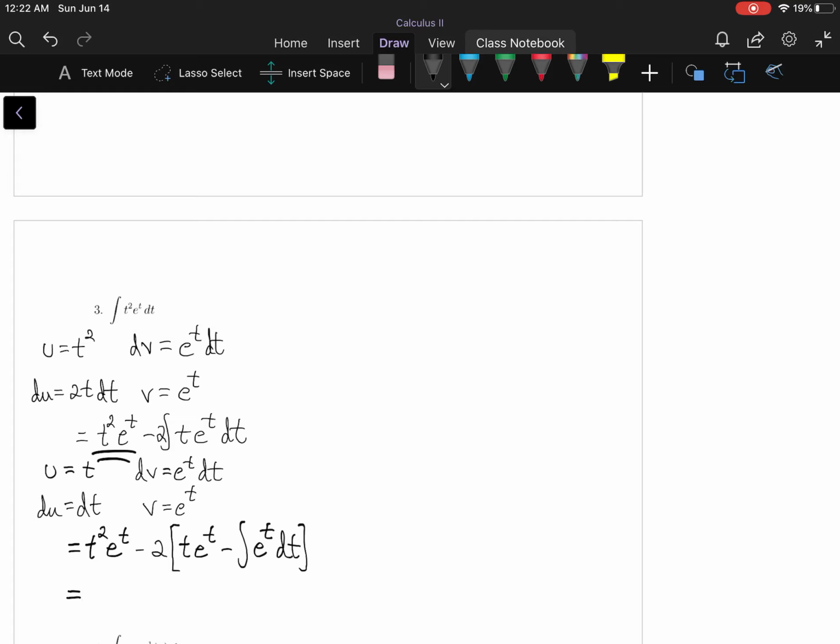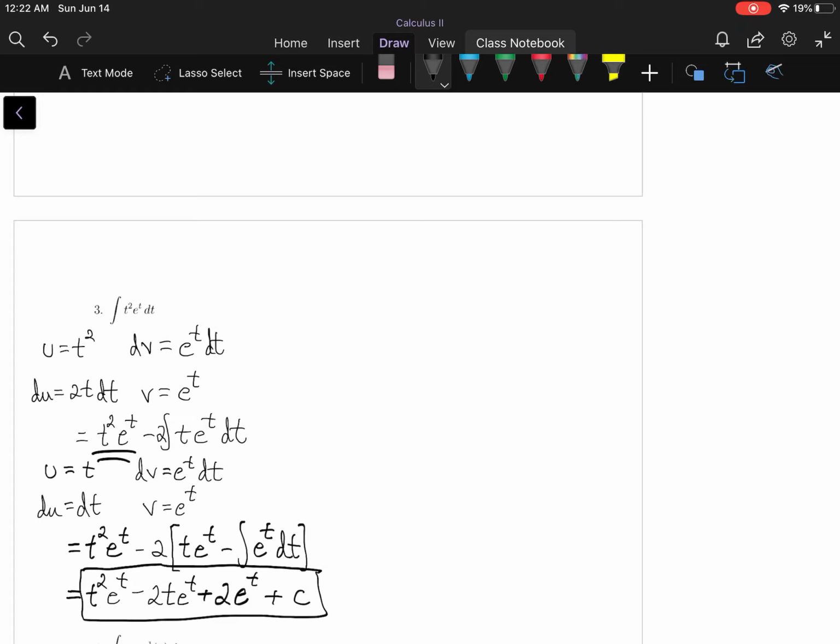And that means we have t squared e to the t minus 2t e to the t. The minus 2 distributed with the negative is going to give us plus 2, and the integral of e to the t is e to the t plus some constant c. And there's our answer there.